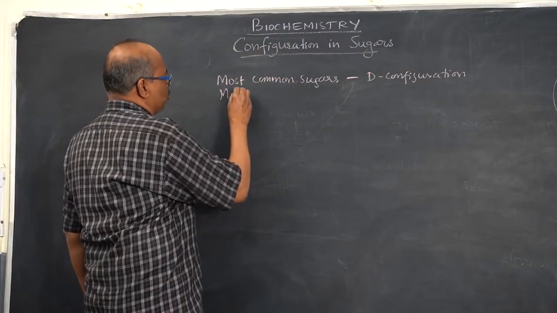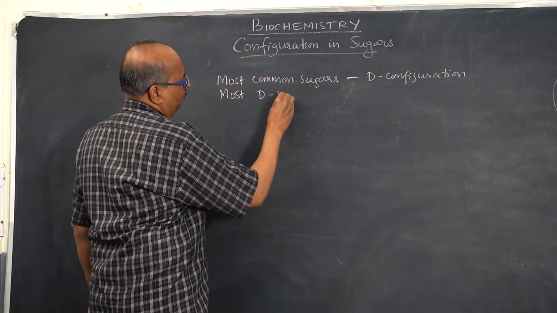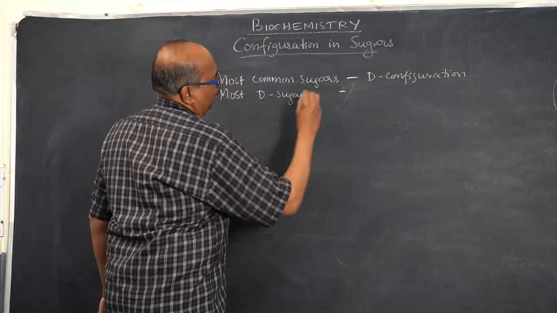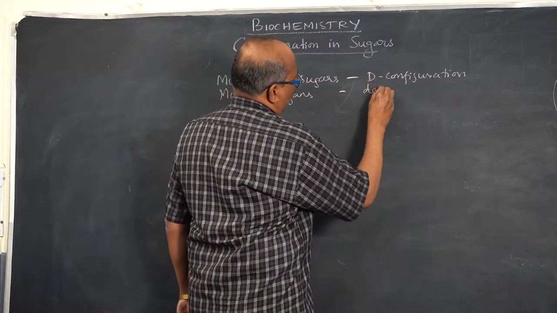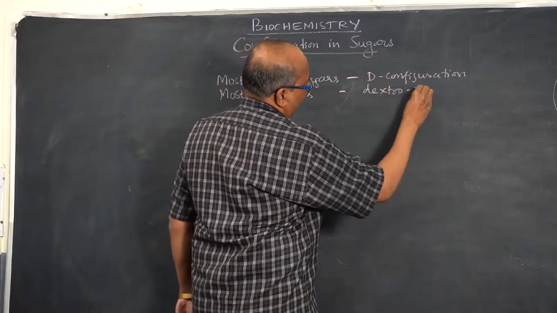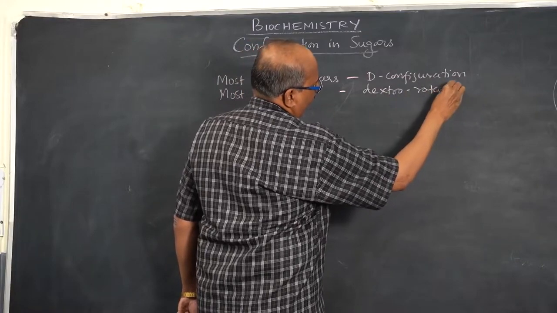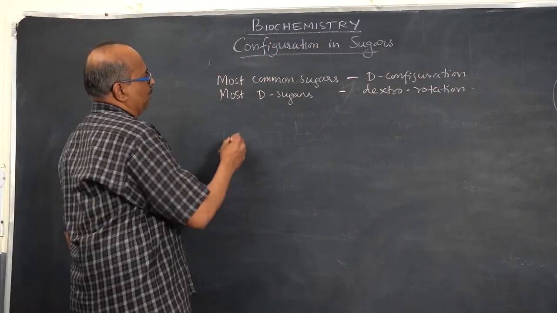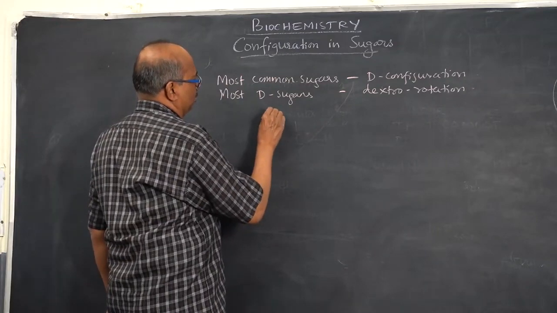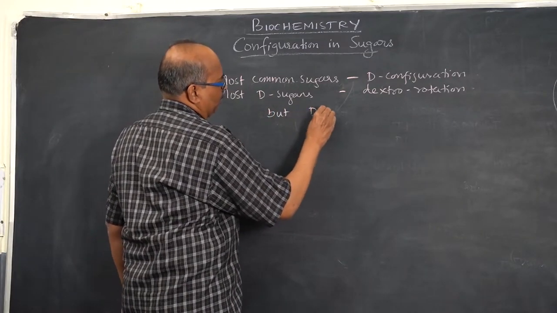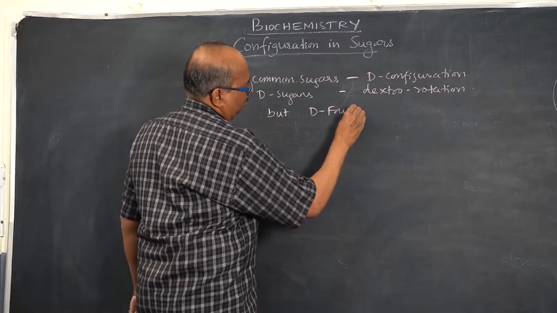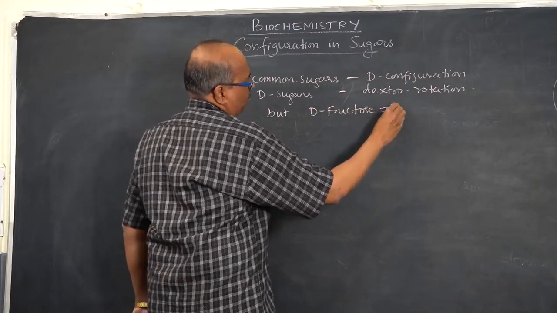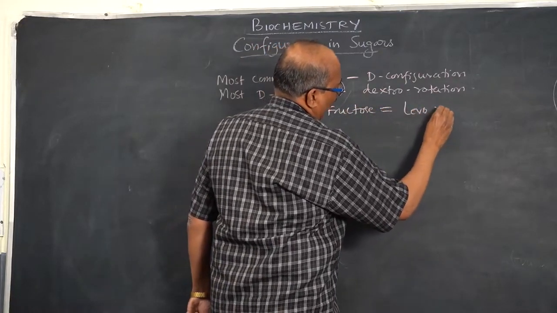And most D sugars have dextrorotation. One example already shown: D-fructose shows levorotation.